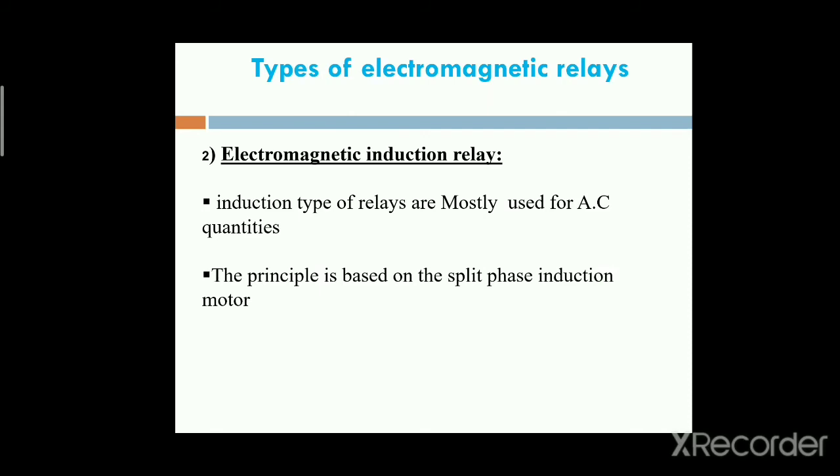This type of induction relay is mostly used for the AC quantities. In that name we are having the induction. The working principle of this type of relay is the same as that of a split phase induction motor.